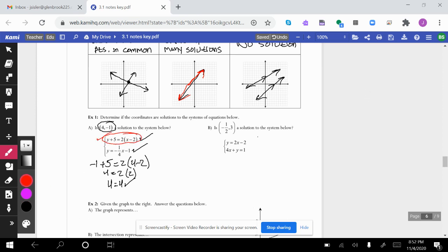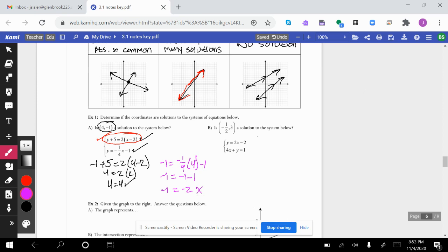Now if I try to plug that into my other equation, y = -1/4 x - 1, I end up getting -1 = -1/4 times 4 - 1. With our algebra, we end up with -1 = -1 - 1, and -1 = -2.